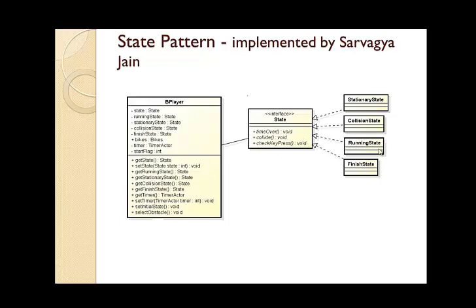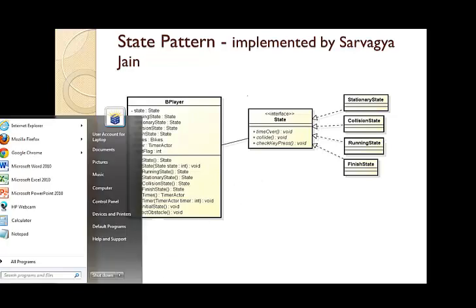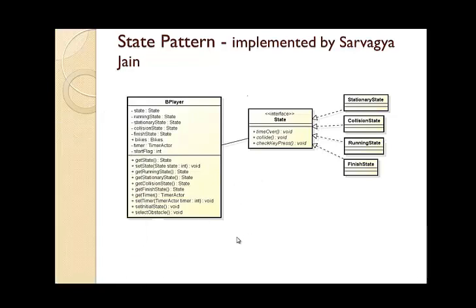And in the collide method, we are checking that if the bike player collides with any of the roadblock or incoming vehicle, the game should reach into the collision state. And in check key press method, we check which key on the keyboard is pressed to control the game and the bike player.